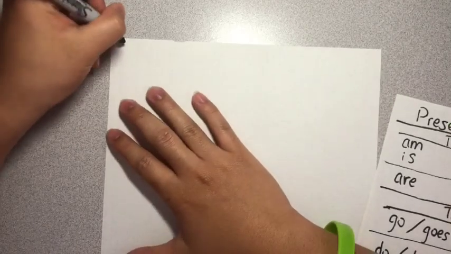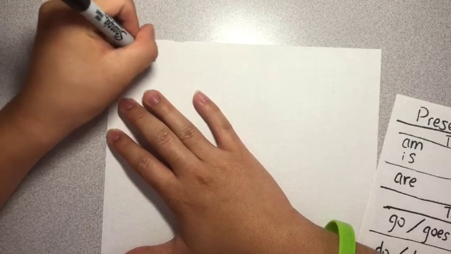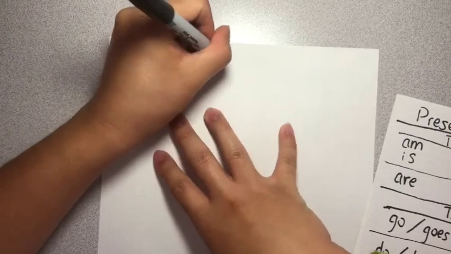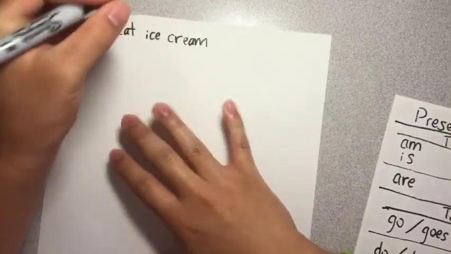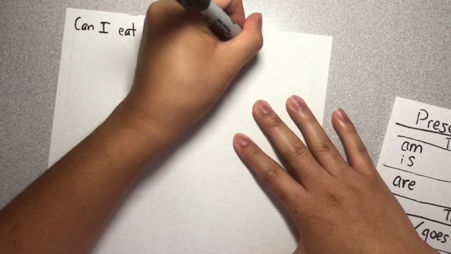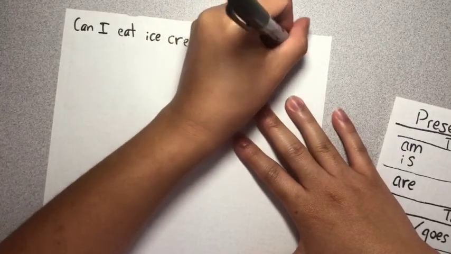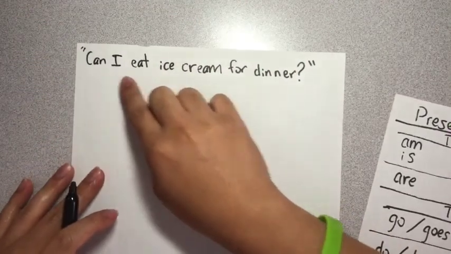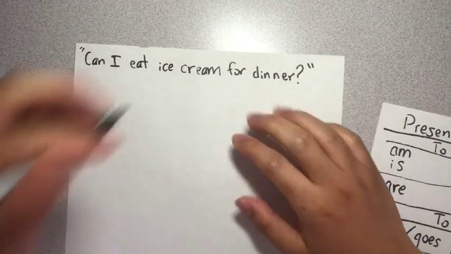So maybe you have little kids at home and they ask you, can I eat ice cream for dinner? Here, they're asking for permission. Do you let them eat ice cream for dinner?